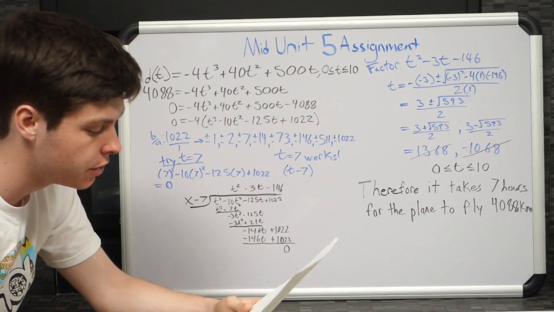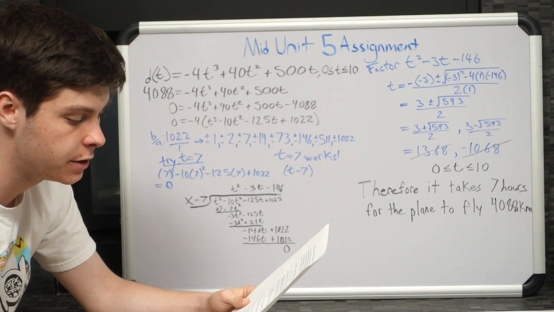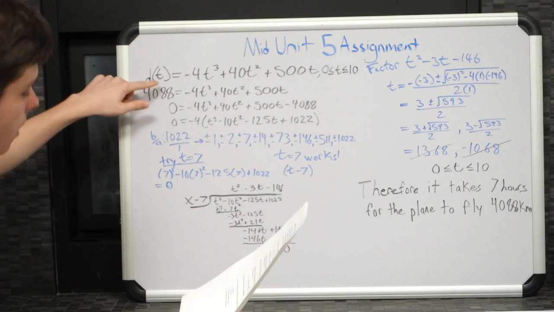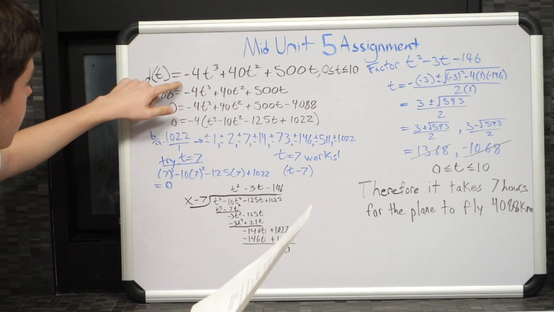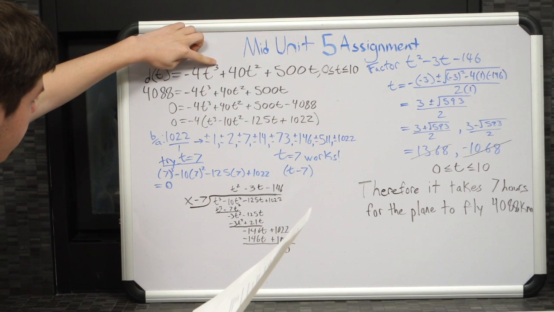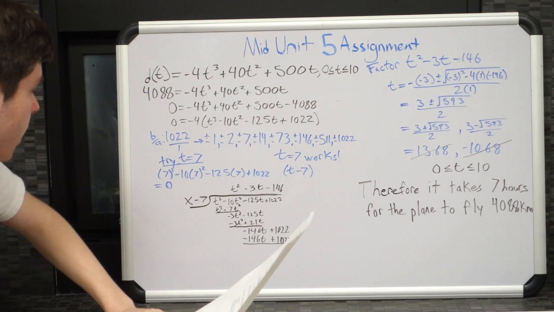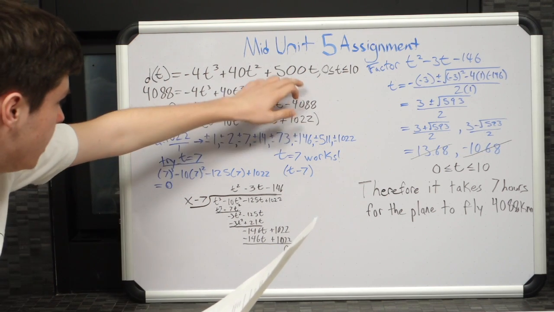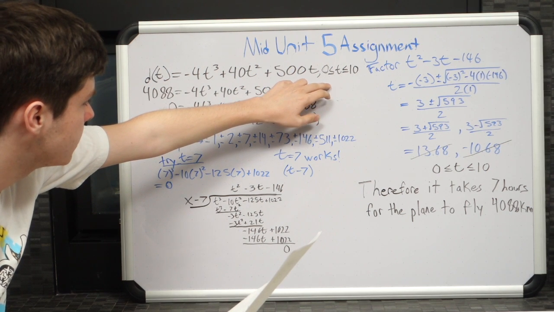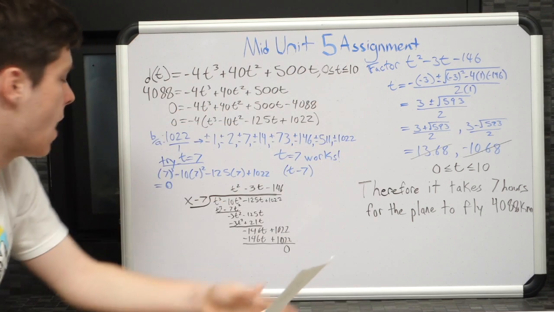Okay, question 2 is the distance d in kilometers traveled by a plane after t hours can be represented by d(t) = -4t^3 + 40t^2 + 500t with the restriction of 0 ≤ t ≤ 10.